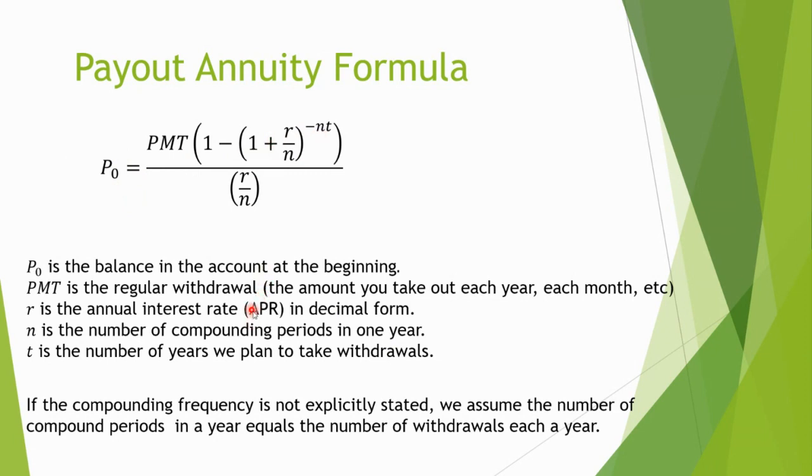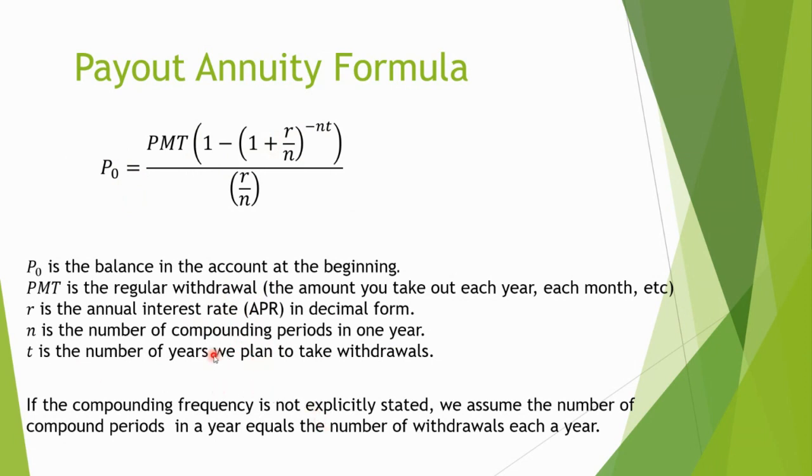r is still the APR in decimal form. n is the number of compounding periods per year. And if I said PMT was payments, I'm sorry, it's regular withdrawals. We're taking money out, but on a regular schedule, once a month or once a year. I'm guessing we could probably consider daily, but I don't think the book does that for whatever reason. t is time.